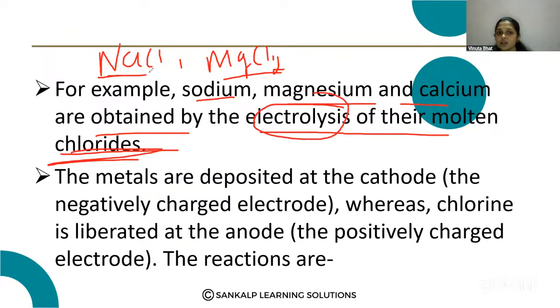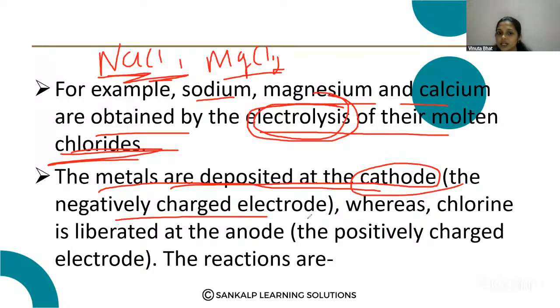So I have written sodium chloride. Okay. The metals are deposited at the cathode. When electric current is passed through the electrodes, there are two electrodes, cathode and anode. The metals are deposited at the cathode, the negatively charged electrode.